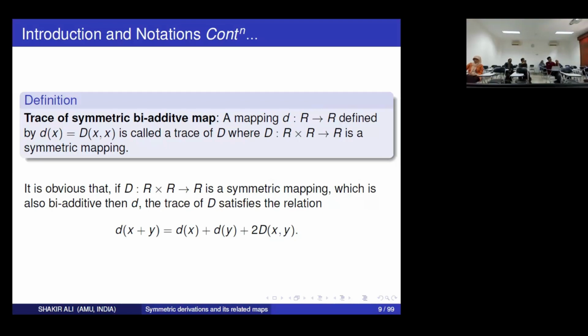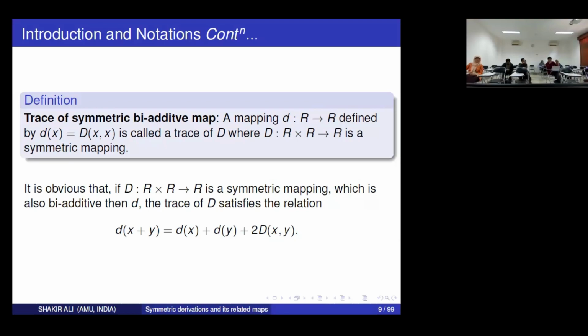Now look at here. It is obvious that if you have a symmetric map which is also bi-additive, then the trace of D satisfies this relation. This is a very important relation because we use this relation time to time without mentioning. Remember this relation when you have this map on R, then you always write x plus y.